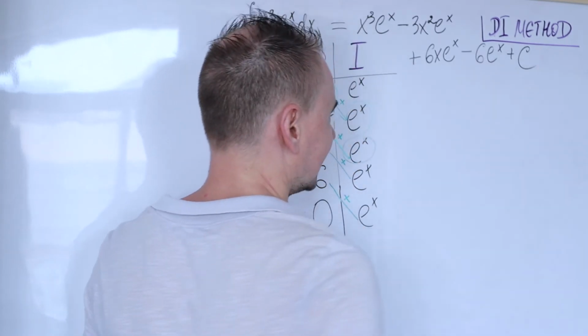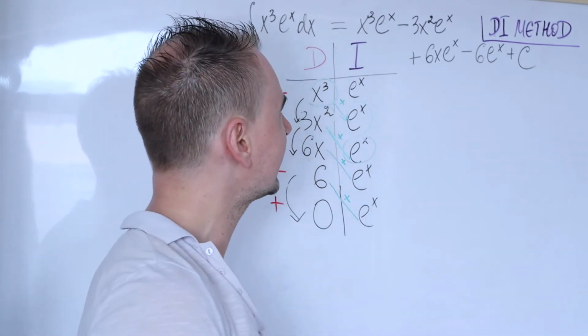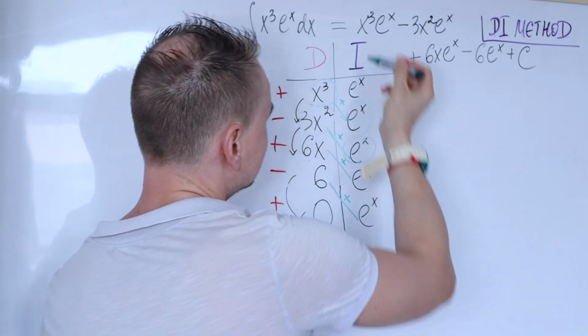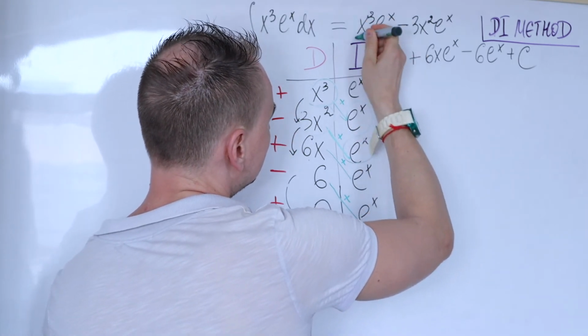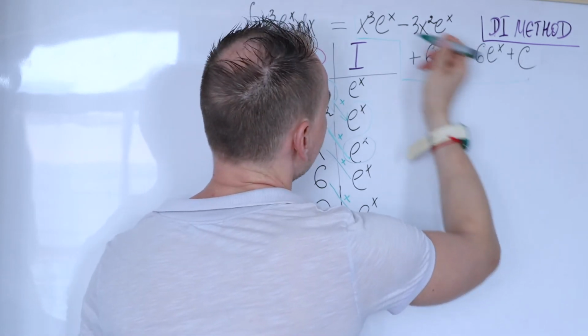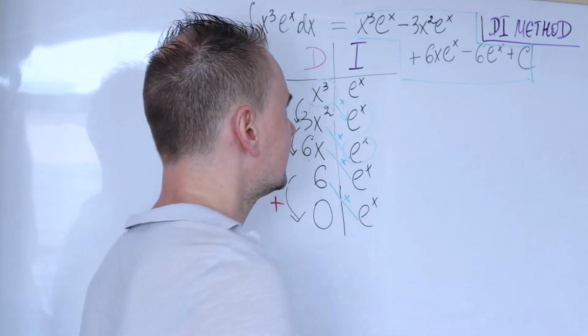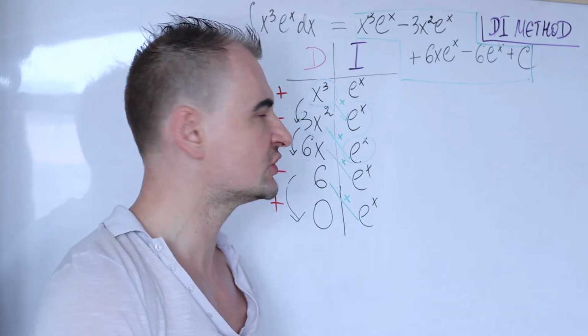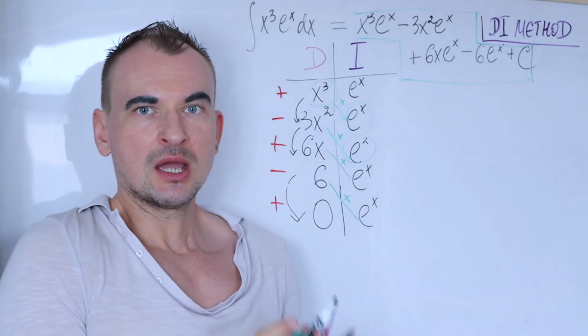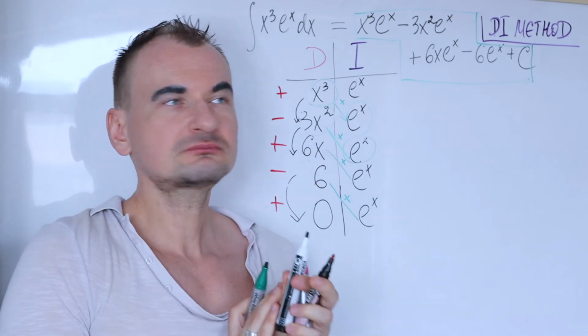And your best friend C goes at the very end, since it's an indefinite integral, and this is your final antiderivative or general solution for this problem.